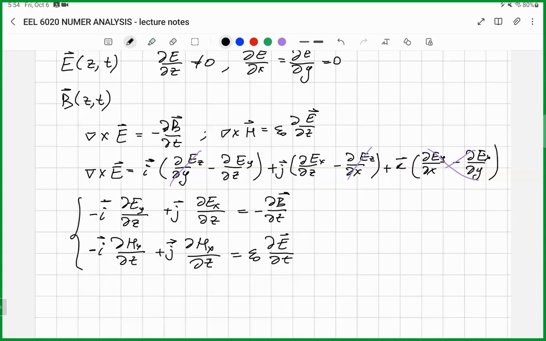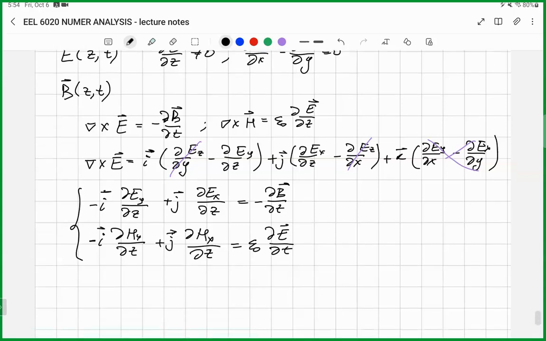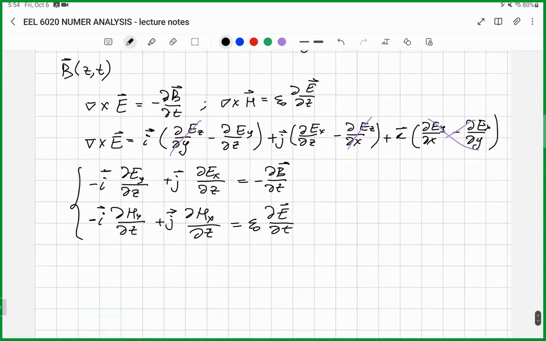Okay. So this is true for a field of any polarization, of any orientation.